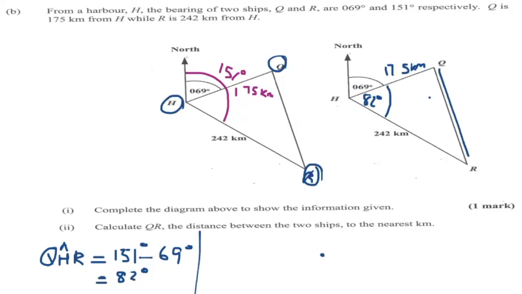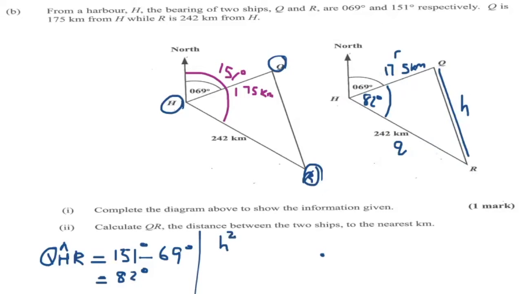This is the angle capital H, so the side facing it, I'll call it small h. This is the angle capital R, so the side facing it will be small r, and this side is facing capital Q, so this side will be small q. Since I have the angle, it tells me what I need to start the cosine rule with. So I'm going to start off with small h, which is the side.